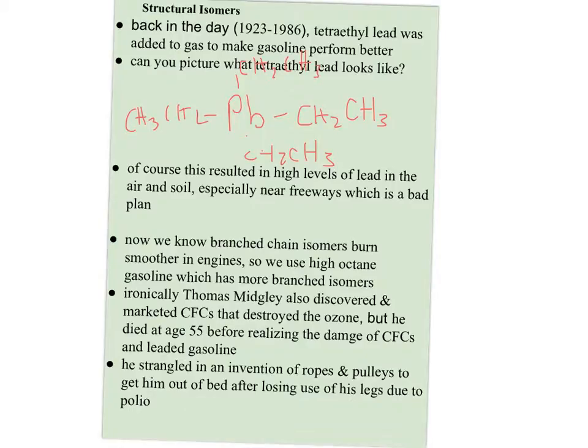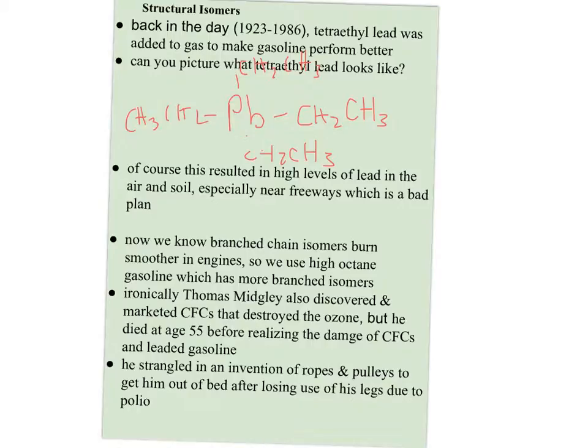So 4 branches around this lead. And it resulted in high levels of lead ending up in our air and soil, especially near freeways. In fact, 35W running through Minneapolis still has elevated levels of lead in the soil because of all the leaded gasoline that was used. So it turned out to be a bad plan.